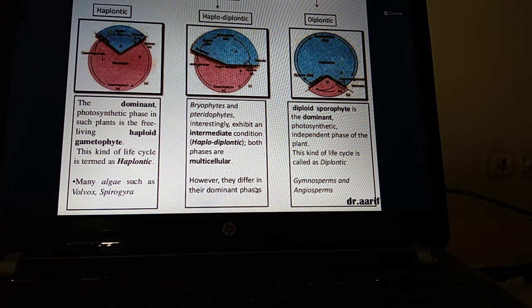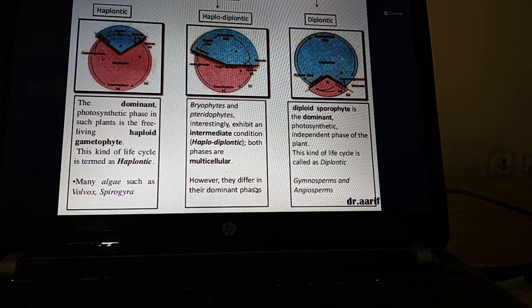Just from the name, haplontic means the main phase is haploid in the life cycle. Diplontic means the main phase is diploid in the life cycle. Haplodiplontic means both are equally important.